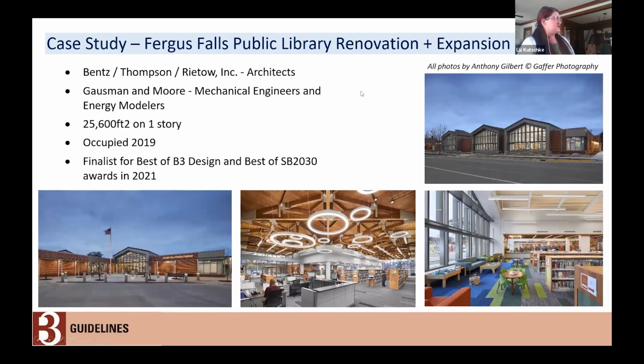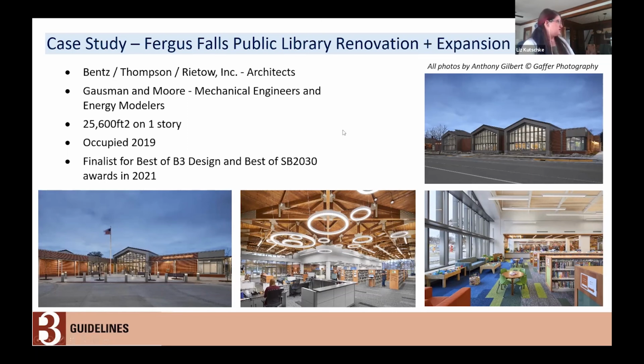With the last couple minutes, I just wanted to touch on a recent Fergus Falls library renovation and expansion project, which really did a great job utilizing daylight throughout. It was designed by Bentz, Thompson, and Rytow Architects with Gosman and Moore as the engineer and energy modeler. It's just over 25,000 square feet on a 1-story space. It's been occupied since 2019, and it was a finalist for our Best of B3 Design and Best of SB 2030 awards in 2021.